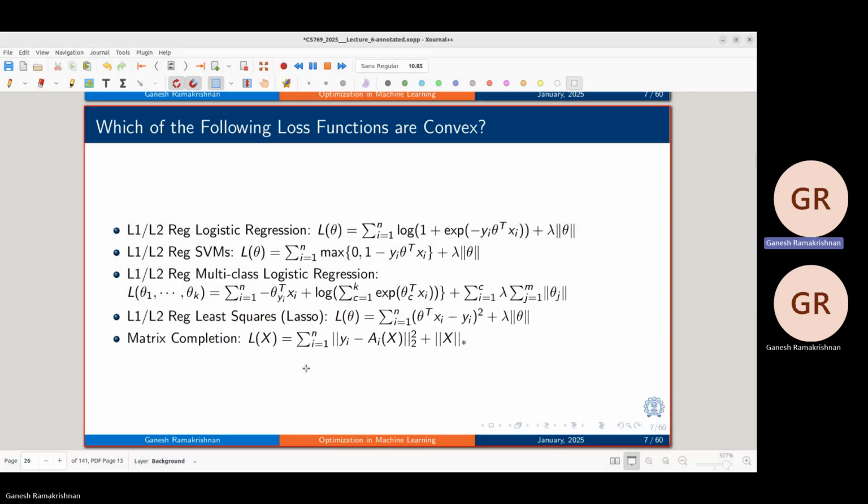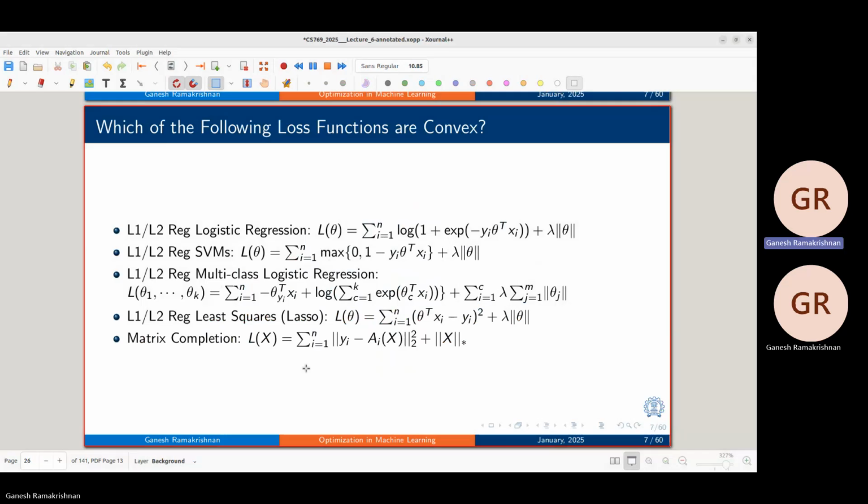What about matrix completion? Is it convex? Do you think it's strongly convex? There are multiple yi's that you need to match through the corresponding Ai.